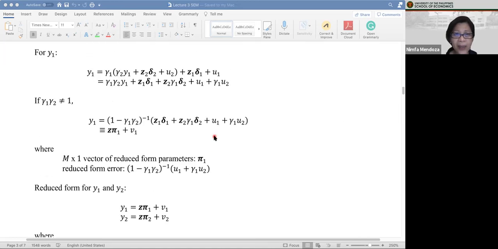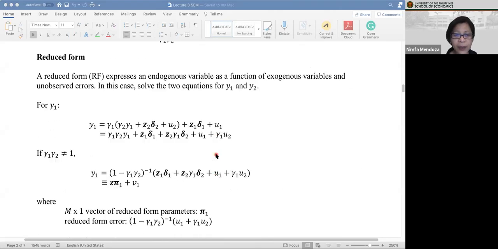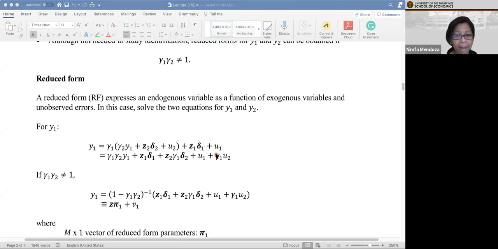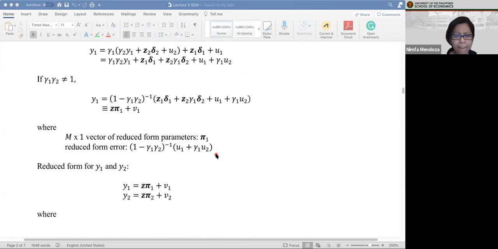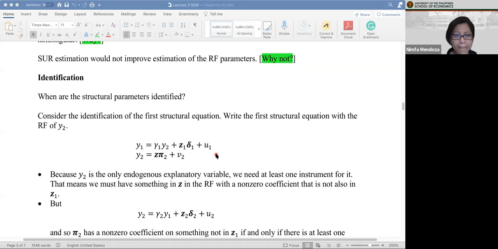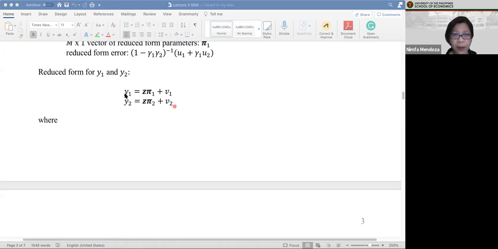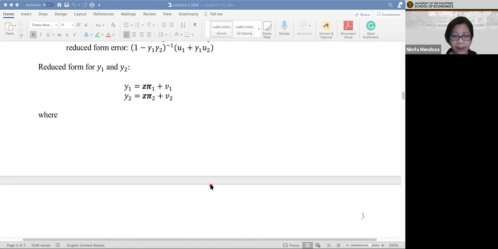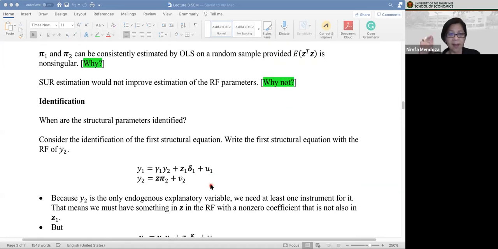I just picked up the first equation here. And then for y sub 2, I have the reduced form. Okay, y sub 2 equals z pi sub 2 plus v sub 2. So it is just this.